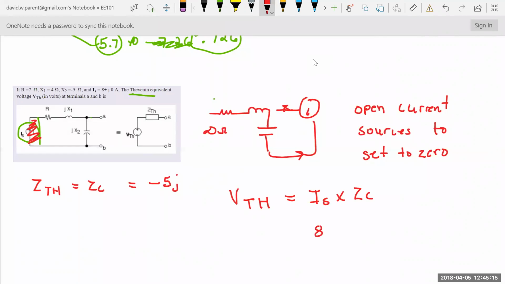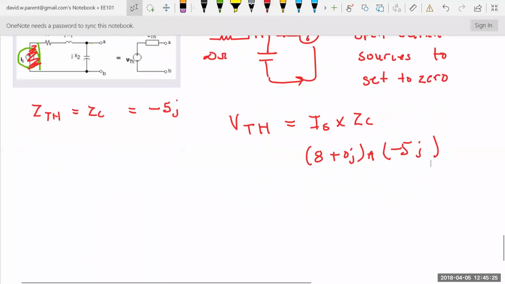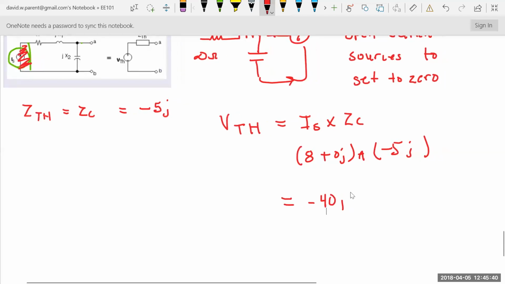IS is 8 plus 0J amps. ZC is minus 5J. So V Thevenin is 8 times minus 5, which is minus 40J volts.